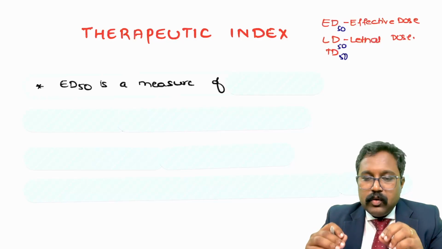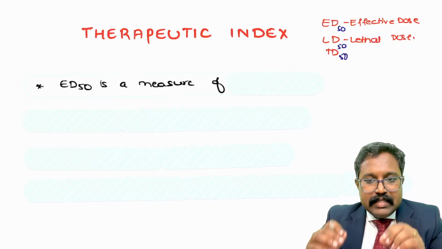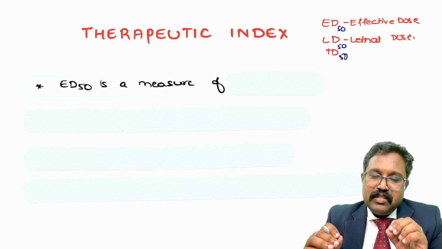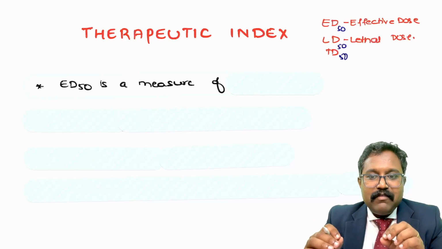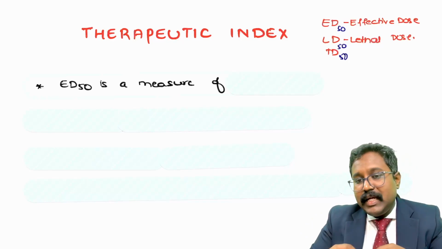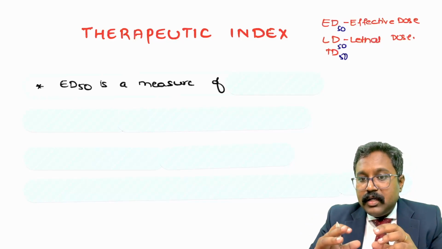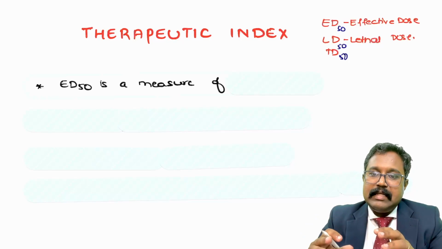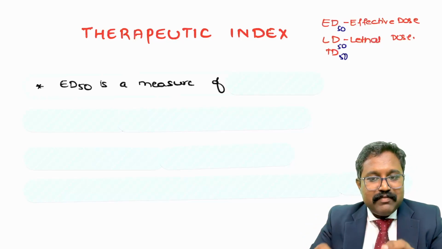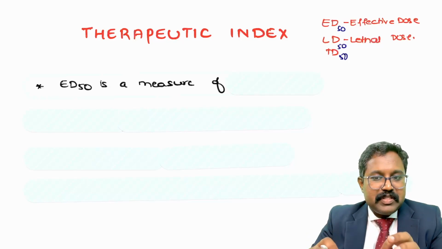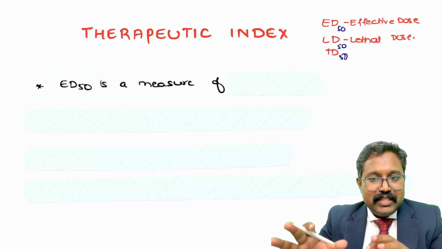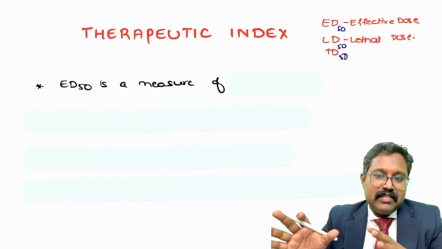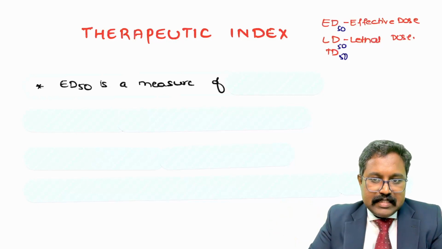The lethal dose 50 suggests that it is a dose at which 50% of the individuals will have a harmful effect. If you take an animal, the definition will go like this: it is a dose at which 50% of the animals get killed. Whereas in humans, it is 50% of the individuals where you are going to see some harmful or adverse drug reactions.